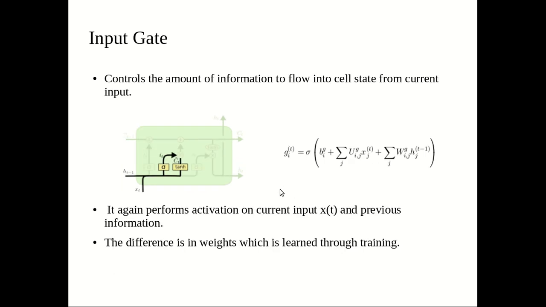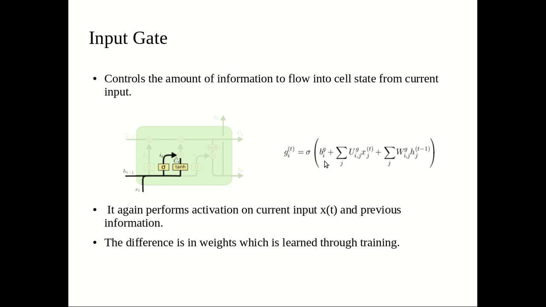Now the input gate. The input gate controls the amount of information that should flow into the cell state from the current input. This is again computed over the current input and the output from the previous time step, and the indices are similar to those mentioned for the forget gate, and this is the bias associated with the particular neuron for the input gate.